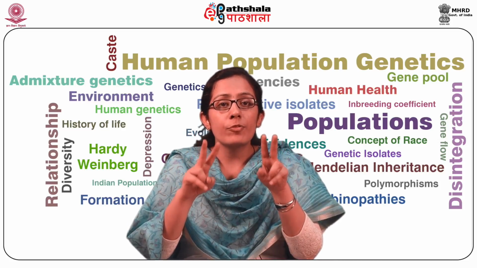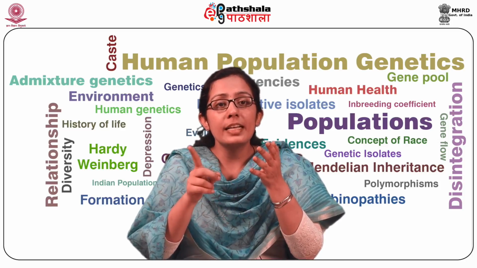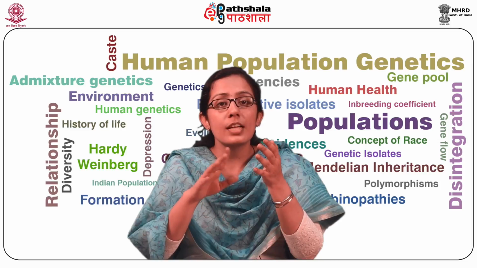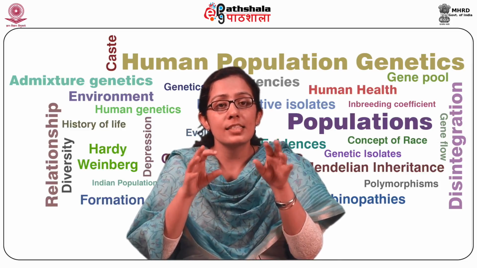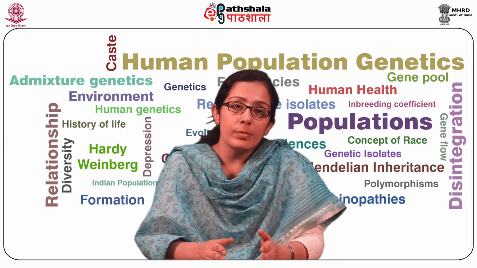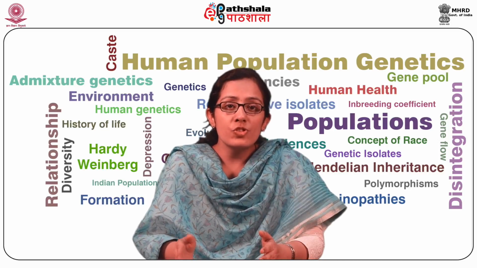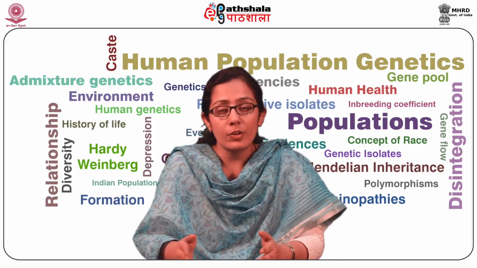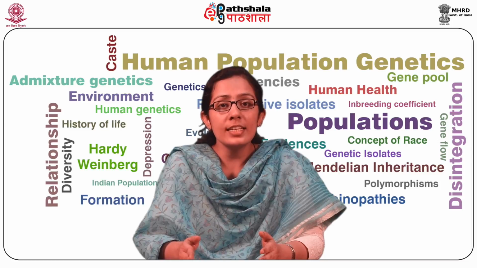The two commonly found thalassemias are beta thalassemia, in which beta chain synthesis is reduced, and alpha thalassemia, where alpha chain synthesis is affected. Both alpha and beta thalassemias may exist either in the heterozygous state, when the gene for thalassemia is inherited from either father or mother, or in the homozygous state, when the gene is inherited from both the parents.